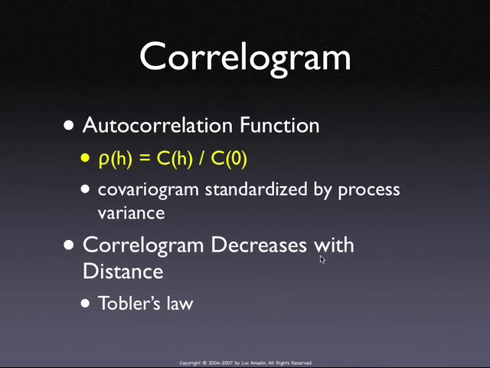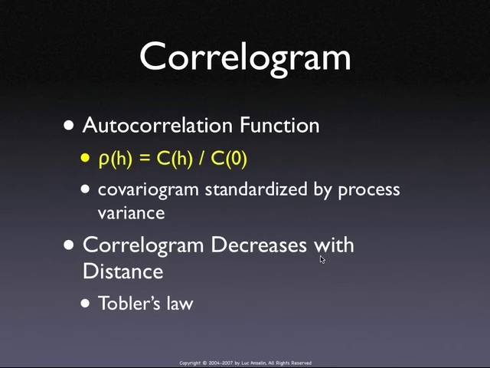This is a correlation function that shows you how a random variable is correlated with another random variable a given distance away from it. Using Tobler, we know the correlation will start high. In fact, it starts at 1 for distance 0, because at distance 0, C of h is C of 0, so the ratio of these two is 1. And then it goes down as you move further and further apart.